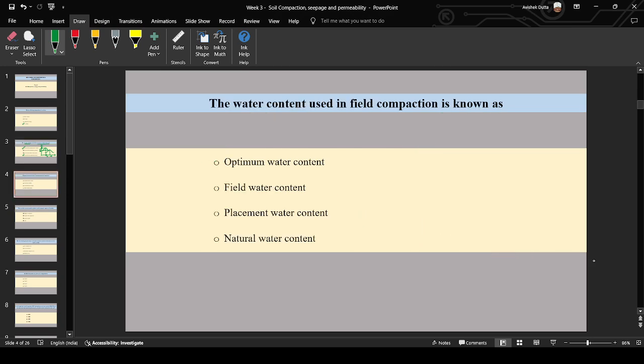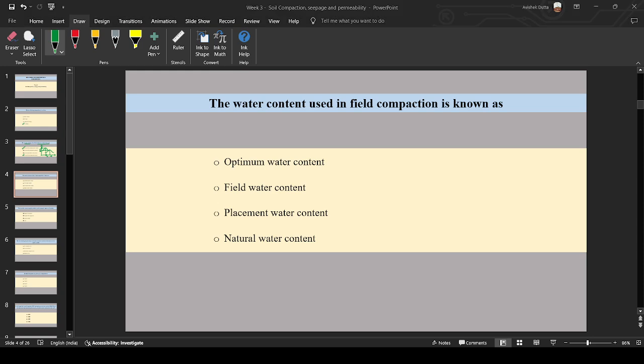The water content used in field compaction is known as. This is a very simple question. Any answer? Anyone? Have you solved this question? Has anyone solved the questions?